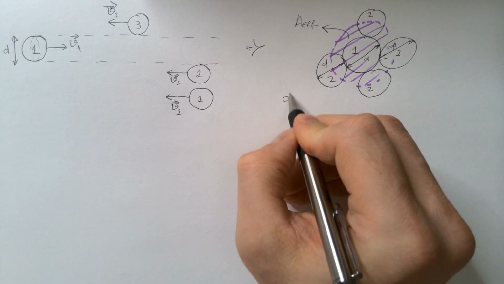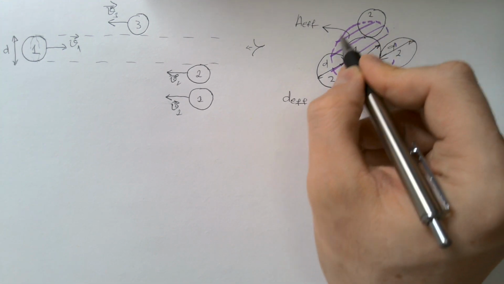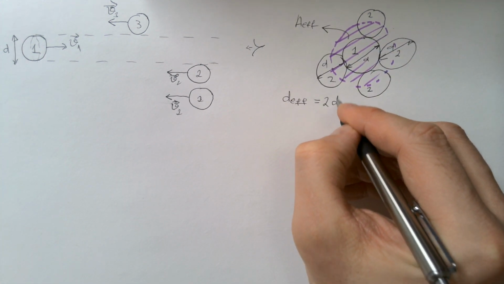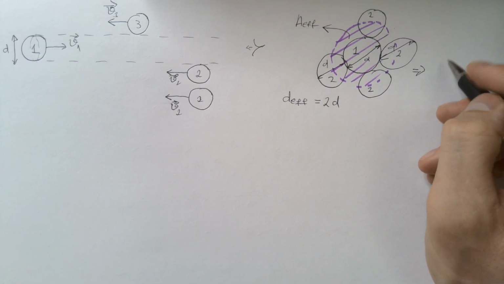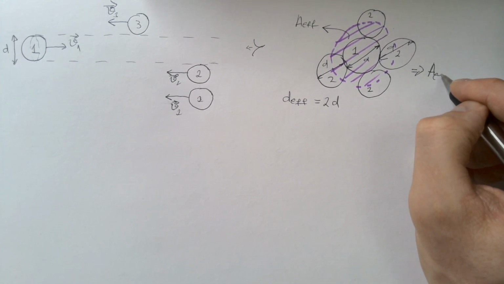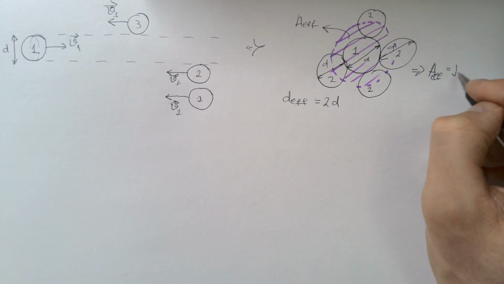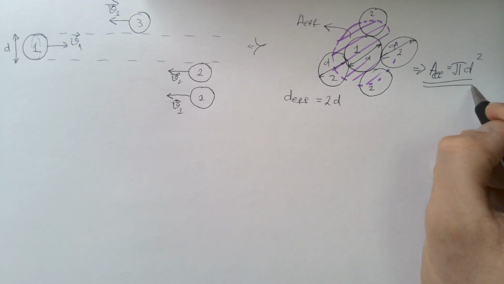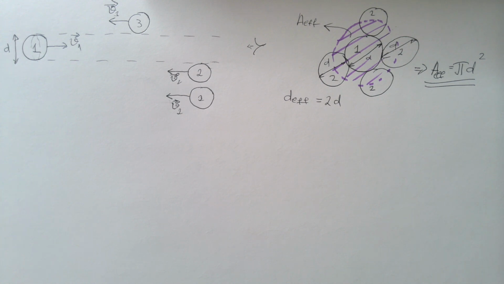So the diameter of the effective collision area is simply 2 times d, which means that the effective collision area is simply pi times d squared. Okay, we are making some progress. At least we found this effective area of collision.